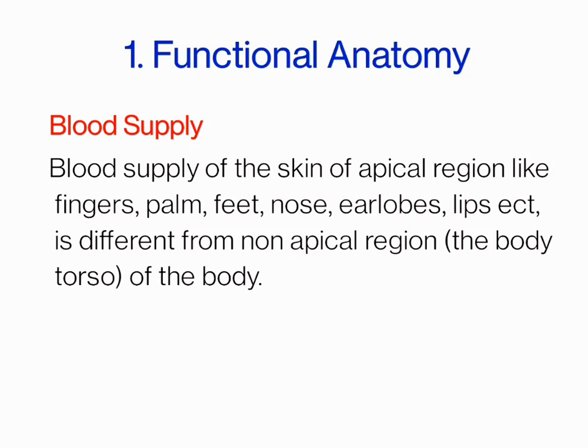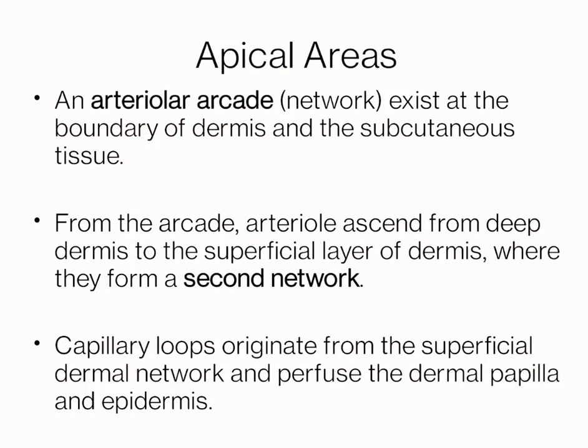One is called apical region, which includes structures like fingers, palm, feet, nose, earlobes, lips, etc. This is entirely different from non-apical regions, other than the above mentioned structures. We say torso of the body.